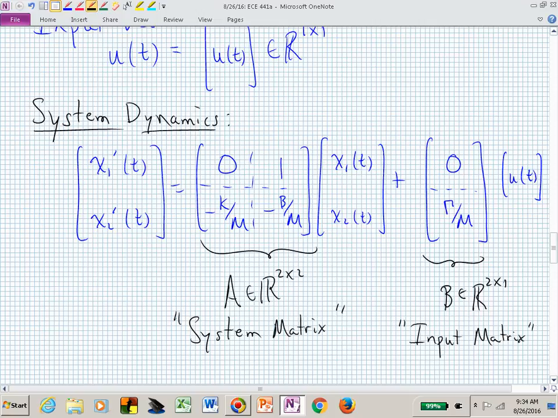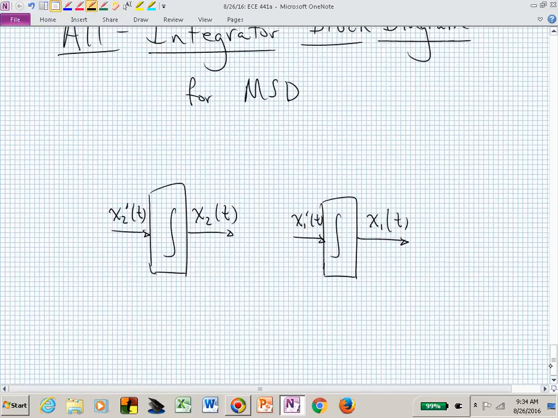X1 prime is x2, isn't it? We now need to come down here, and in general, we might combine a lot of things. We need the result of a bunch of summations, and they could be weighted summations. We need that to equal x1 prime. But you just told me the only thing that makes up x1 prime is x2, so all I have to do is put that into the summing junction. There's my input to that summing junction.